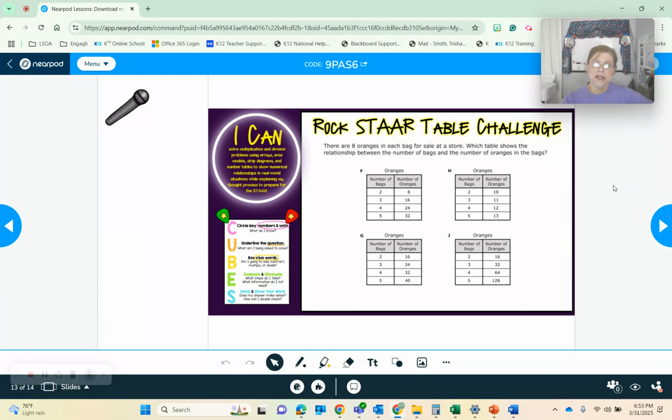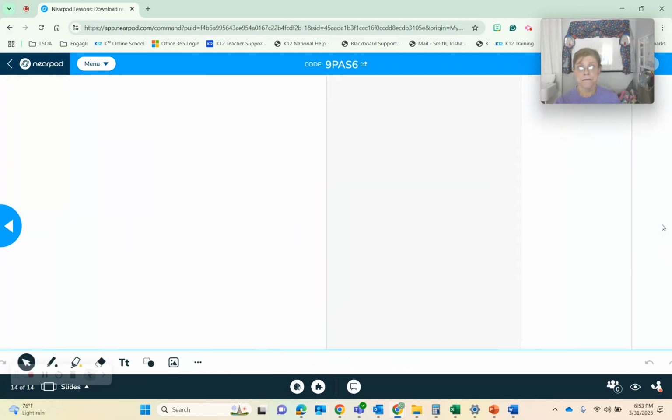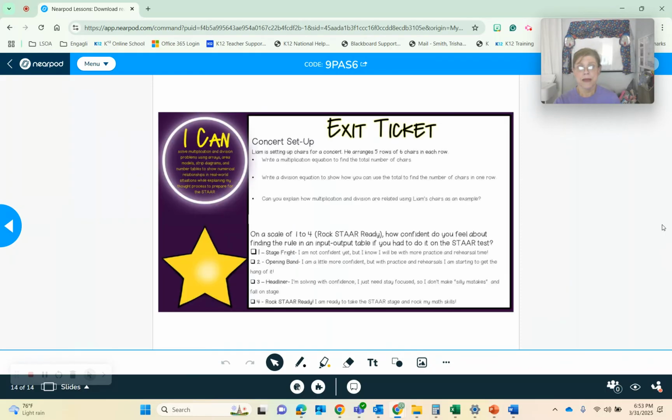There are 8 oranges in each bag for sale at the store. Which table shows the relationship between the number of bags and the number of oranges? Pay close attention. And then finally, answer the question. Liam is setting up chairs for a concert. He arranges 5 rows of 6 chairs in each row.